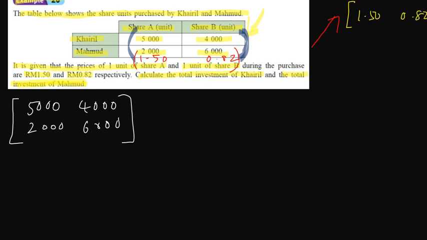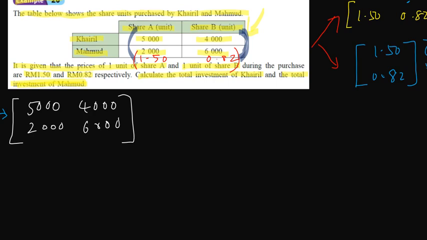The other one is this one, 150 and 82. You arrange like this. So we want to choose which one you want to multiply with the share.